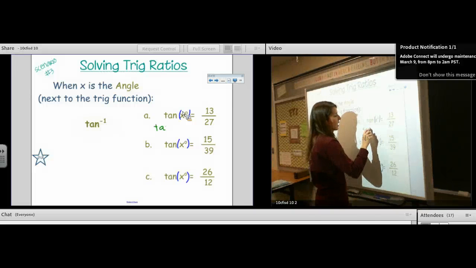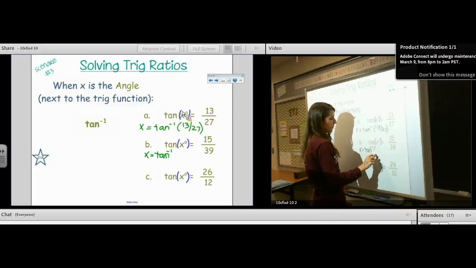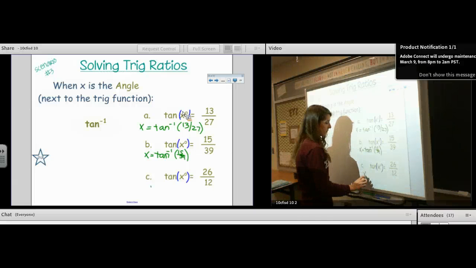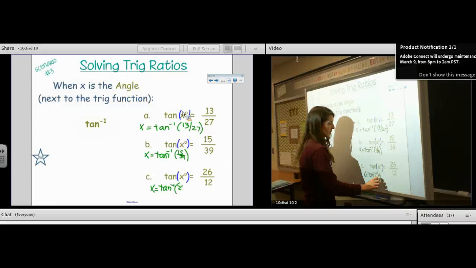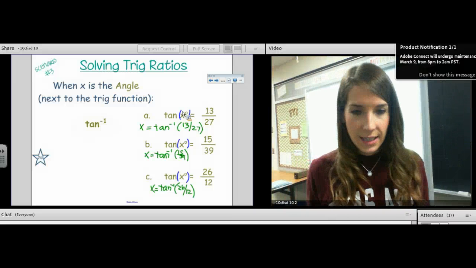I do tan to the negative 1, 13 over 27. This is tan to the negative 1, 15 over 39. Tan to the negative 1, 26 over 12. The way you're doing that on your calculator is you're pressing second tan.